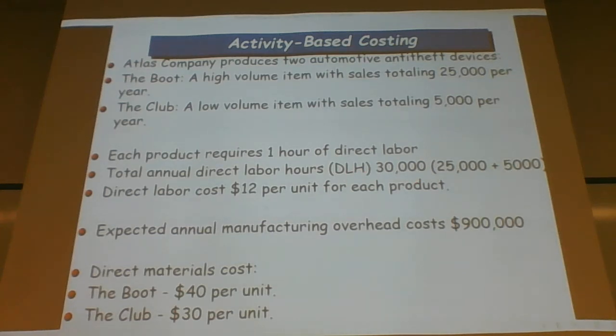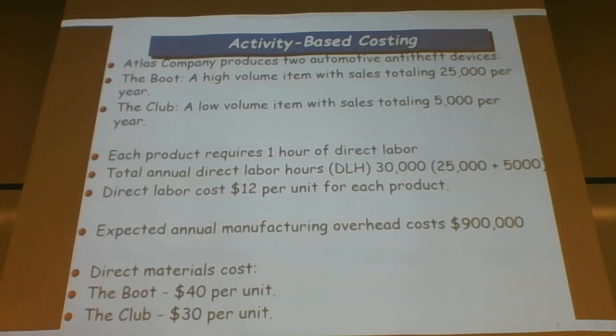And then it says direct labor cost is $12 per unit for each product. So essentially what they're telling us is that their employees make both the boot and the club. They're using the same employees, or at least paying them the same, no matter which product they are making.